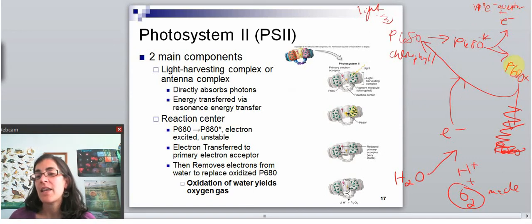That leaves P680 missing an electron, so the positive sign indicates that it's missing an electron. In order to fill that electron hole, I'm going to have to get a new electron from somewhere else. That's going to come from water. So water will be broken down into hydrogen ions, oxygen gas, and electrons. These electrons will go in and make P680 plus back into P680, how it started.